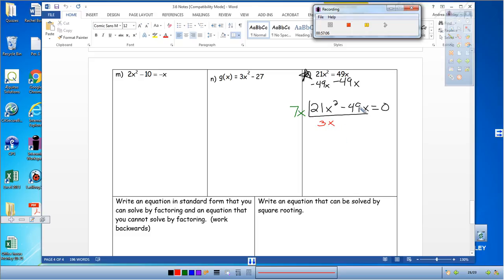And then 49 divided by 7 is 7, and x divided by x is 1. So my factors are 7x times 3x minus 7. It equals 0.